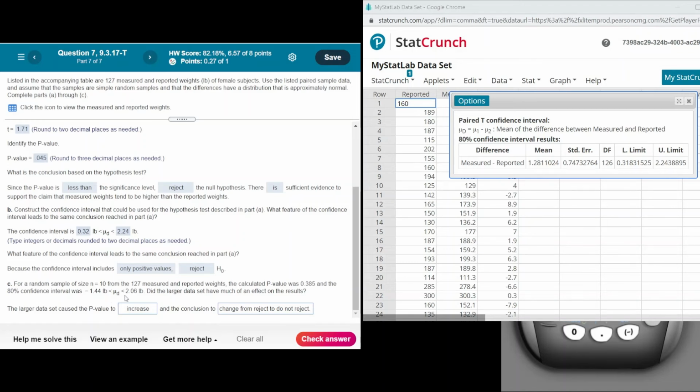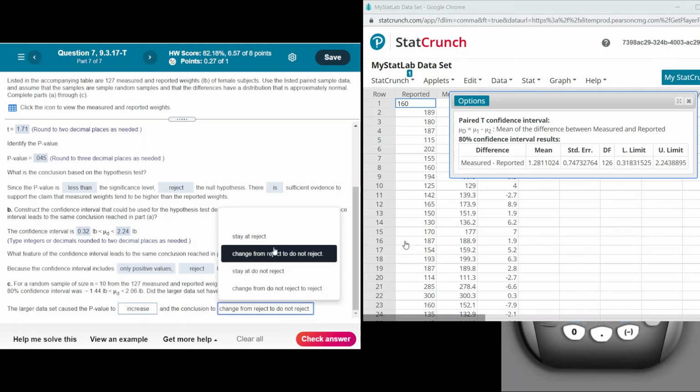The larger data set caused the p-value to, yeah, our p-value here is 0.04. The p-value they have here is 0.38. It increased. Yeah, the larger data set caused the p-value to increase in a conclusion to, from reject to do not reject. Yeah, what the hell is going on?